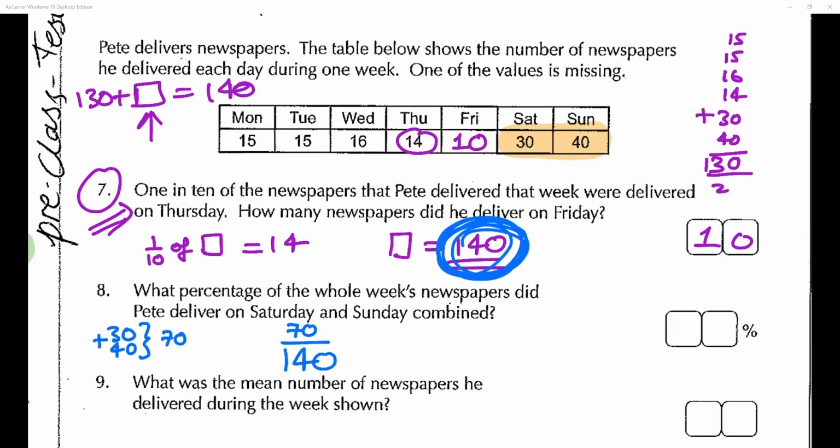And what percentage is that going to be then? 50. It's true, but how do you get the answer? You divide the top by 70 and the bottom by 70. So 70 over 140 is a half, and a half of 100 is equal to? 50.